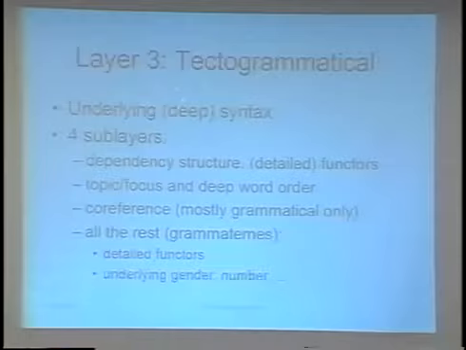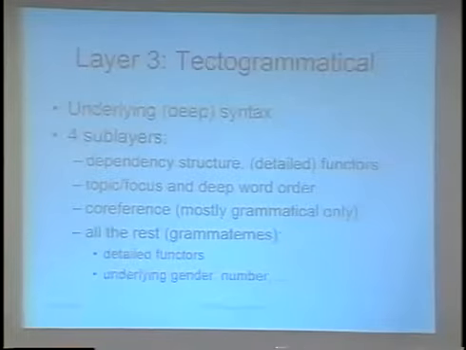So the tectogrammatical layer has actually 4 sublayers. I mean, this division has nothing to do with the theory, it's just a division so that we can talk about it and we can annotate it. In fact, we also have 4 annotation teams, and each of them does one of the levels of the annotation. So the first sublayer is actually the dependency structure and so-called functions.